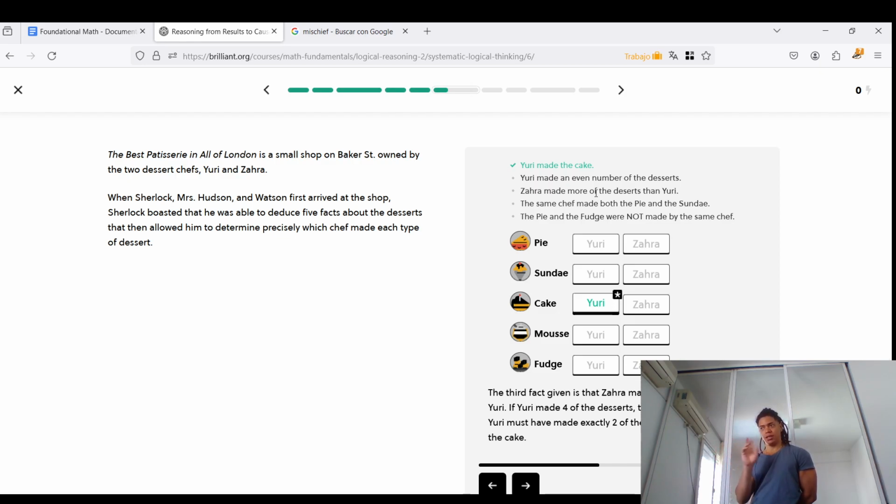It means that it can be more than 2. But again, if it was 4, Sarah would need more than 4, which will contradict the first fact, right? So Judy must make exactly 2 of them.